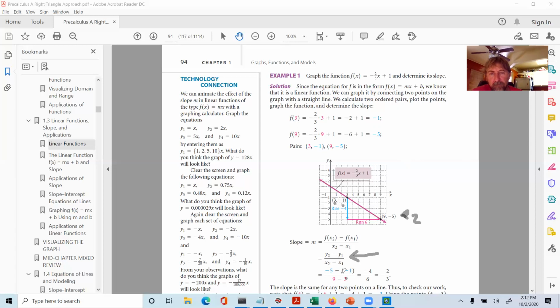So I get -5 minus -1, that's -5 plus 1, which is -4. 9 minus 3 is 6. So we get the slope -2/3. Hey, that looks just like what they told us.